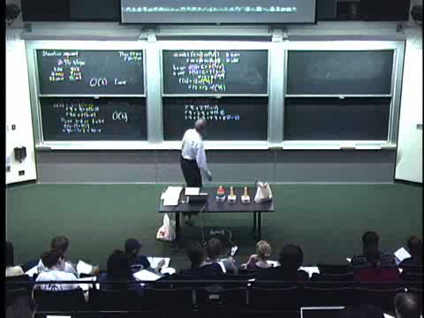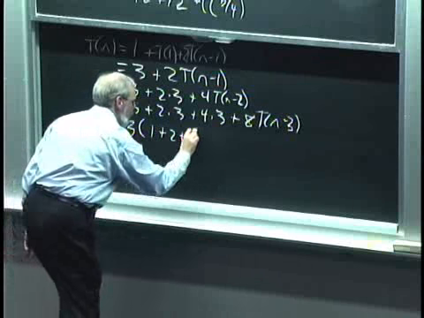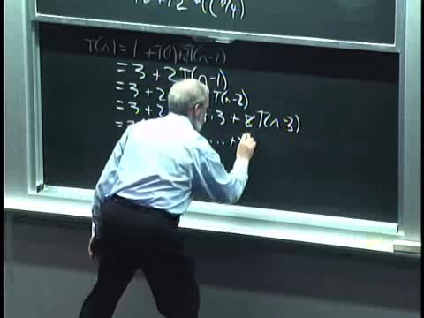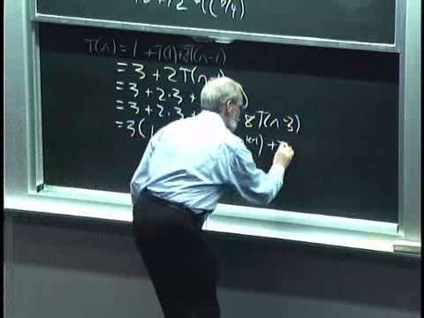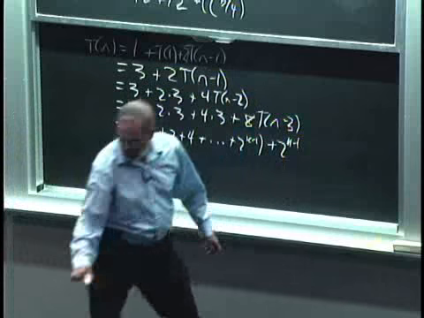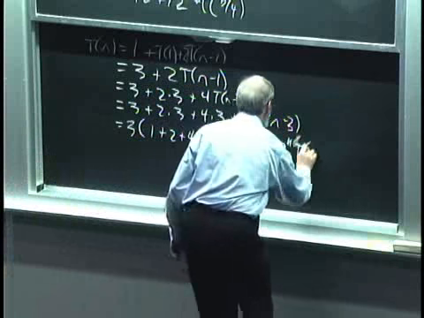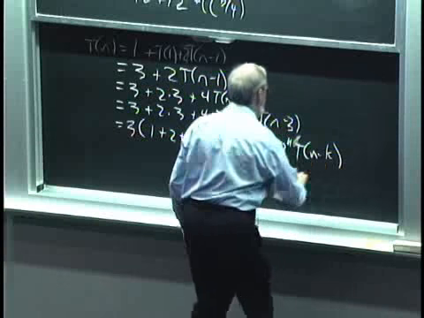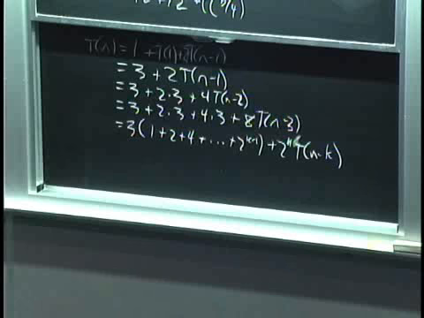But basically, if I do this, I end up with 3 times 1 plus 2 plus 4 up to 2 to the k minus 1, plus 2 to the k, t of n minus k. Again, don't sweat the details.